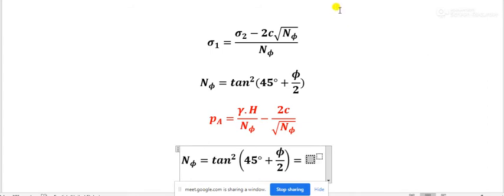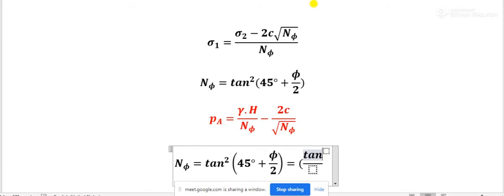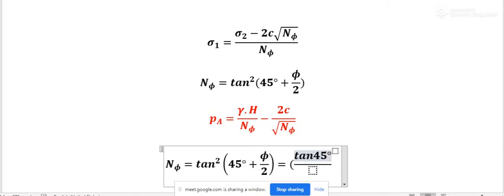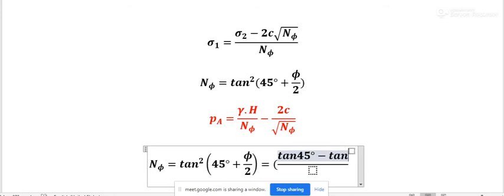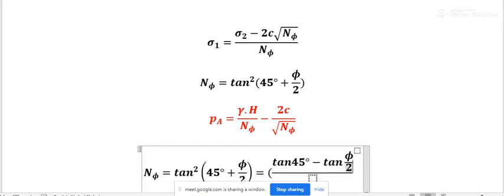Tan of 45 degree plus phi by 2 is nothing but tan 45 degree plus tan phi by 2 divided by, sorry, this is not minus, this is plus.